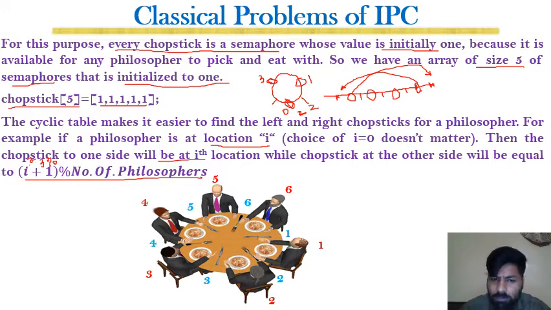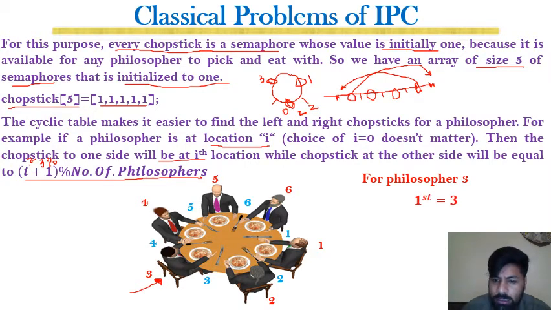Now for any philosopher, for example, we are considering philosopher number 3. We are finding the chopsticks that are adjacent to it, and apparently it looks like 3 and 4 are adjacent to philosopher number 3. Sure, but what is the formula? How will we find the chopsticks adjacent to a philosopher?